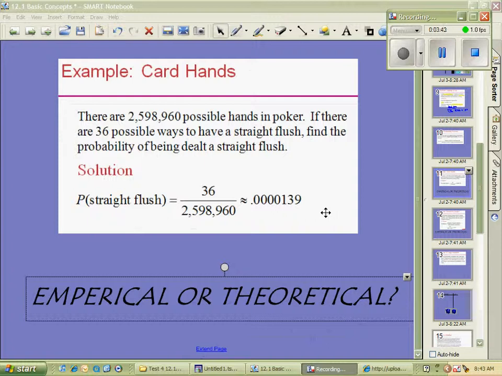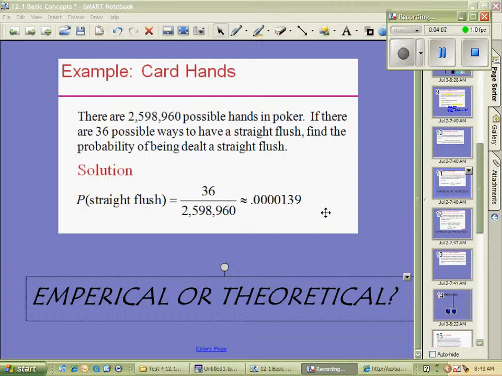Would this be called empirical or theoretical? Did someone actually take a deck of cards and see how many possible ways there are to get a straight flush? Probably not. So you think this would be theoretical, but it's experimental because it's not equally likely.